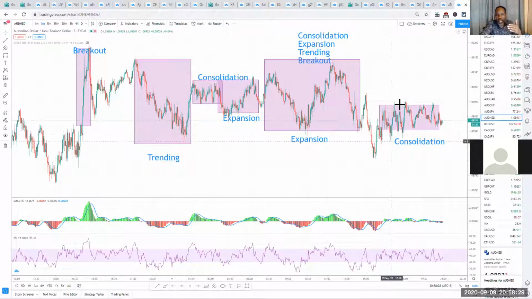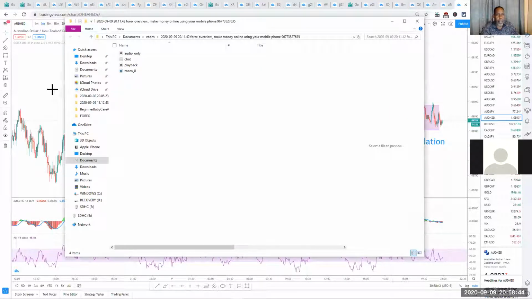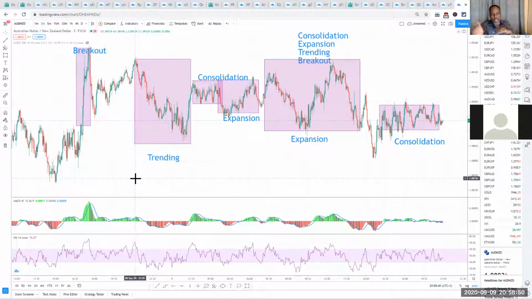Trading a consolidation area is the best for binary trading, because it's very easy to sell up here, come and buy down here, sell up here, buy down here, sell up here, and so on and so forth, okay? You guys are following that? So trading the consolidation is a very powerful thing that you need to do.